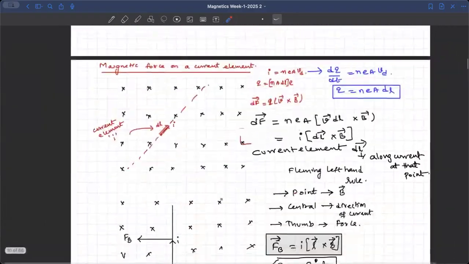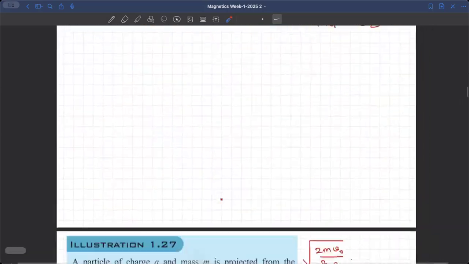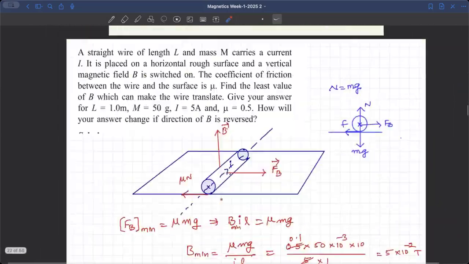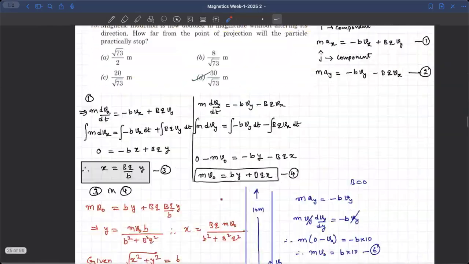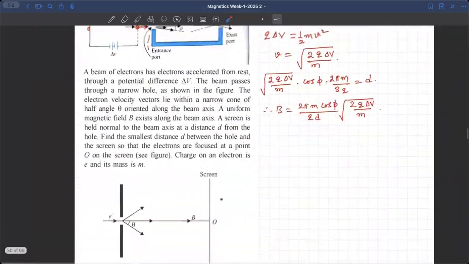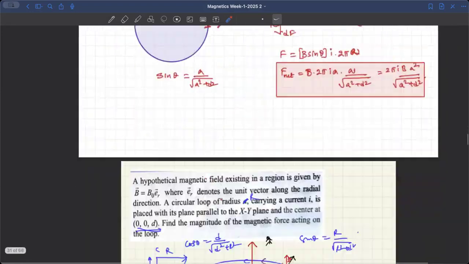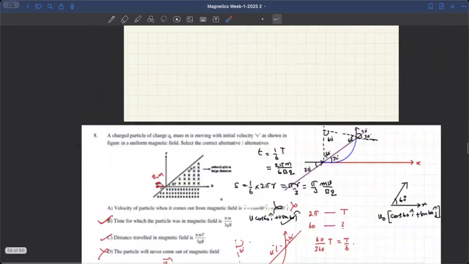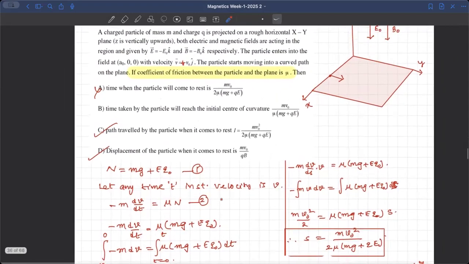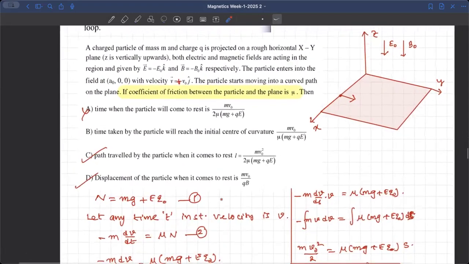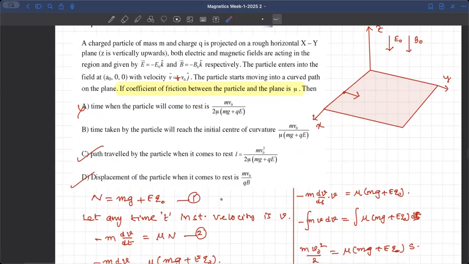Now we'll go far away from here. Literally, we'll go far away from here. All this we have done. Done. Practically, we have done. But still, let us try to do this question again.